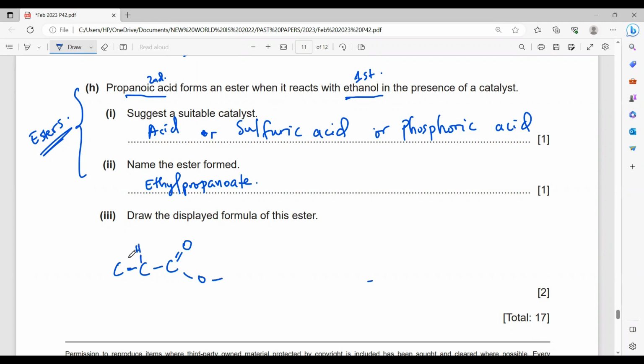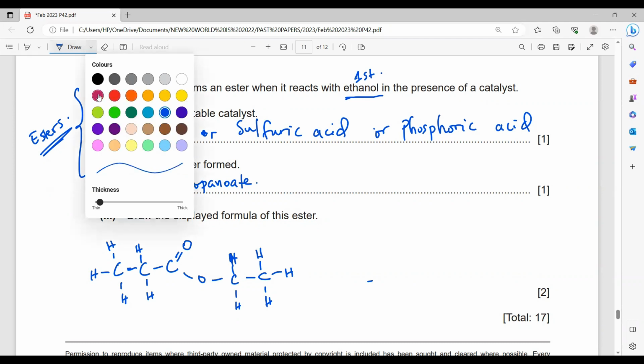Okay, so you can have this. And then your ethyl now. Your ethyl is 2 carbon atoms.